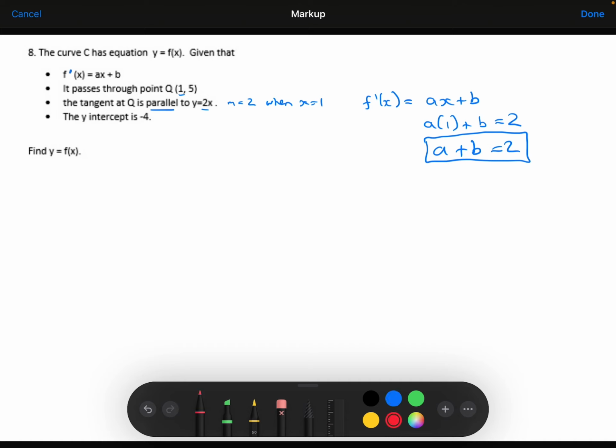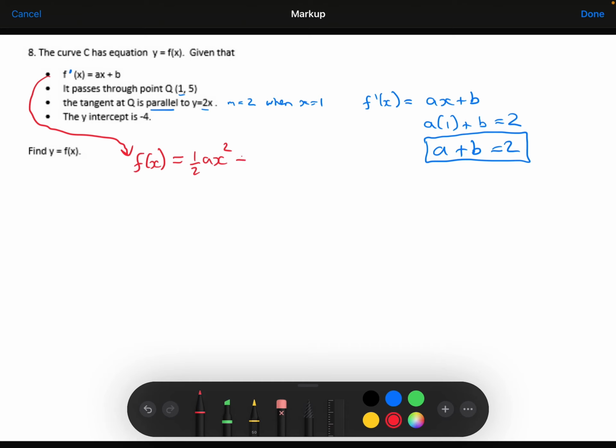Next, I know that if I integrate my gradient function, it's going to tell me about the original function, f of x, which is going to allow me then to use some of these coordinates. Integrating the ax will give me a half ax squared.